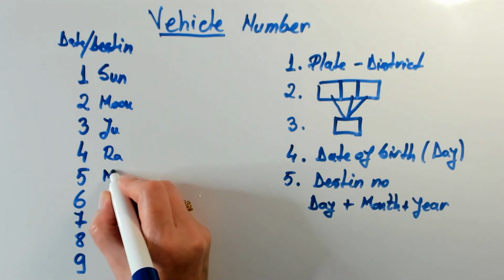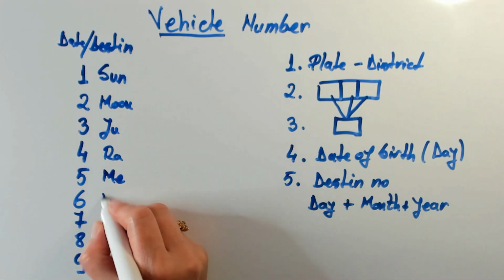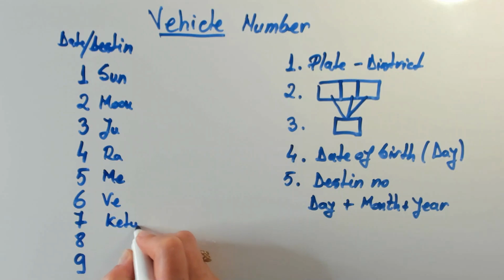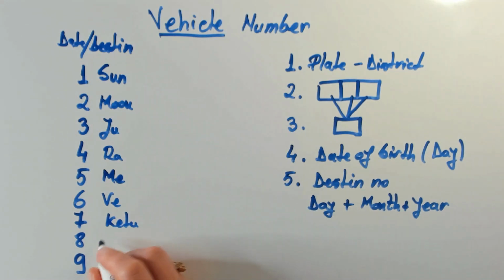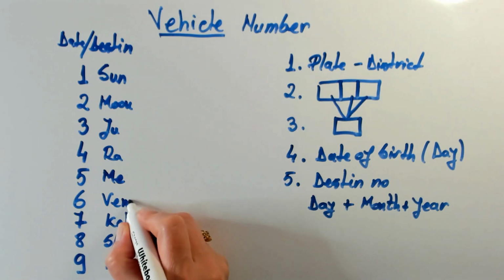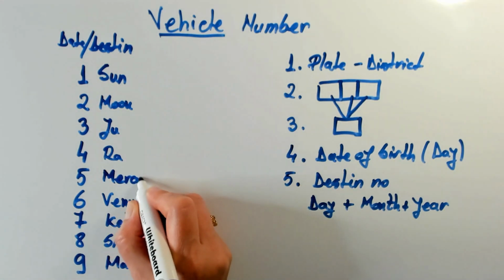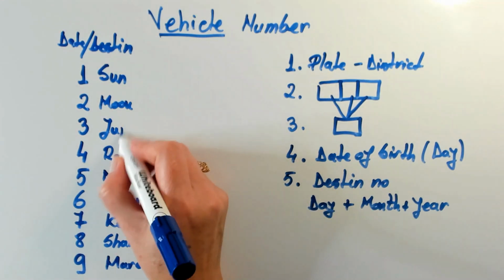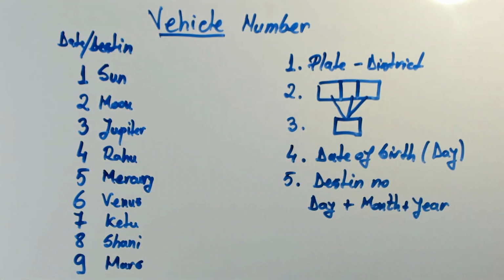Mercury rules 5. 6 is ruled by Venus. 7 is ruled by Ketu. 8 is ruled by Shani or Saturn. And 9 is ruled by Mars. I tried to make more space, but let's write it all together. So now you see that each number is ruled by a planet.